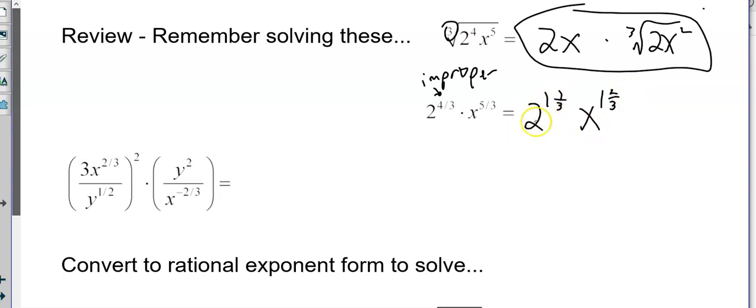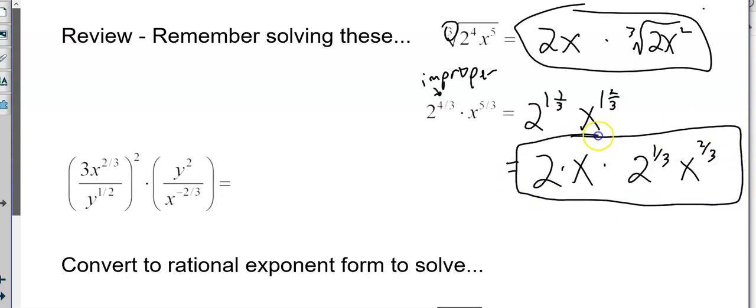And so now you can say, well, the 2 to the first is just 2. 2 to the 1/3, I'll write separately. And then times x to the first is just x, that's like 2x. And then I'll write x to the 2/3 separately. So that could be the answer, which is really the same thing as this answer right here. It's just simplified in rational exponent form.